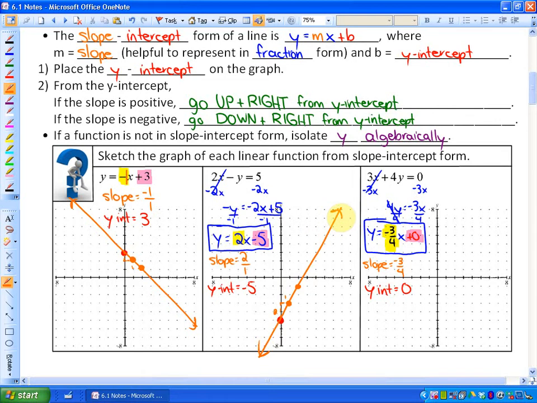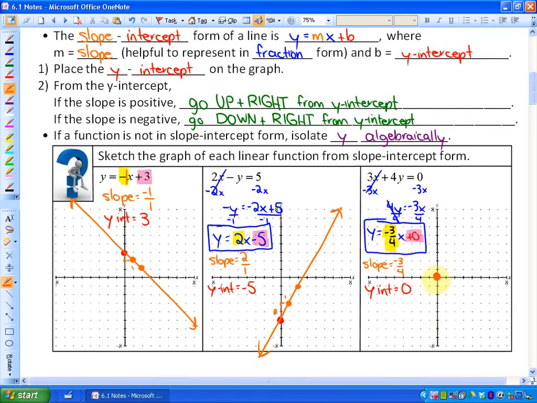And our last example here originally was 3x plus 4y equals 0. So when I isolate y, subtract 3x and divide by 4, I have y is equal to negative 3/4 x, and there was no constant there. So I just put plus 0, just so you can identify that the slope is negative 3/4 and the y-intercept is actually 0. So here's your y-intercept at 0, and negative slopes go down and to the right.